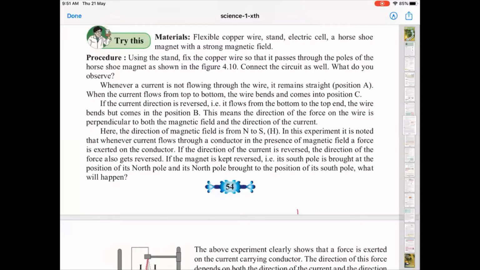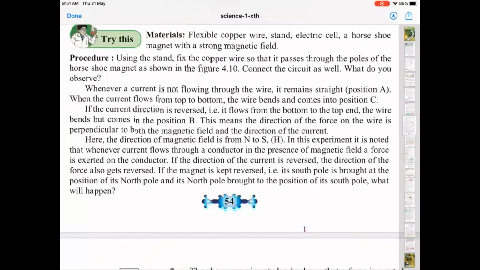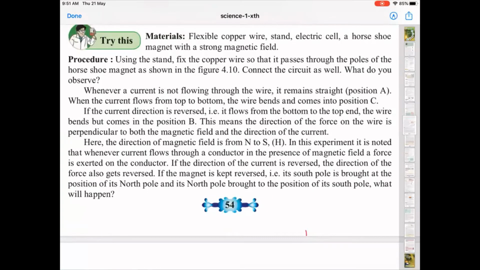What do you observe? When a current is not flowing through the wire, it remains straight. Obviously it is going to remain straight. Why? Because if there is no current in the wire, there will be no magnetic field around the wire.